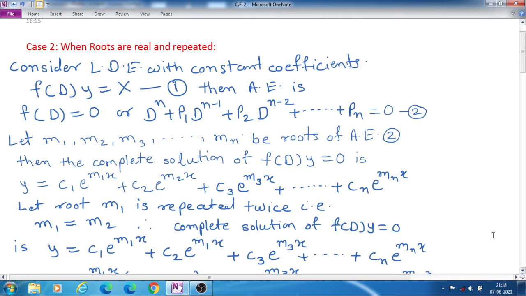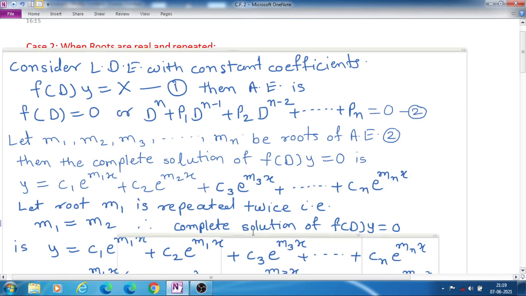We have seen that when roots are real and distinct, that means different, then the complementary function, or the general solution of f(D)y equal to 0, is given by y equal to c1 e raised to m1x plus c2 e raised to m2x plus c3 e raised to m3x dash dash cn e raised to mnx.